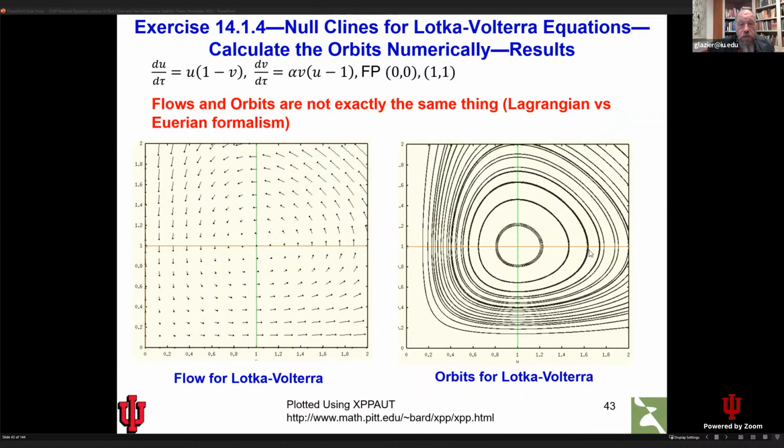In some ways, they're giving me the same information. In some ways, they're giving me slightly different information. In the case of Lotka-Volterra, if I look at the left and the right, I can immediately translate one to the other. I'm going to find that for more complicated flows, it's not always so easy to translate back and forth.